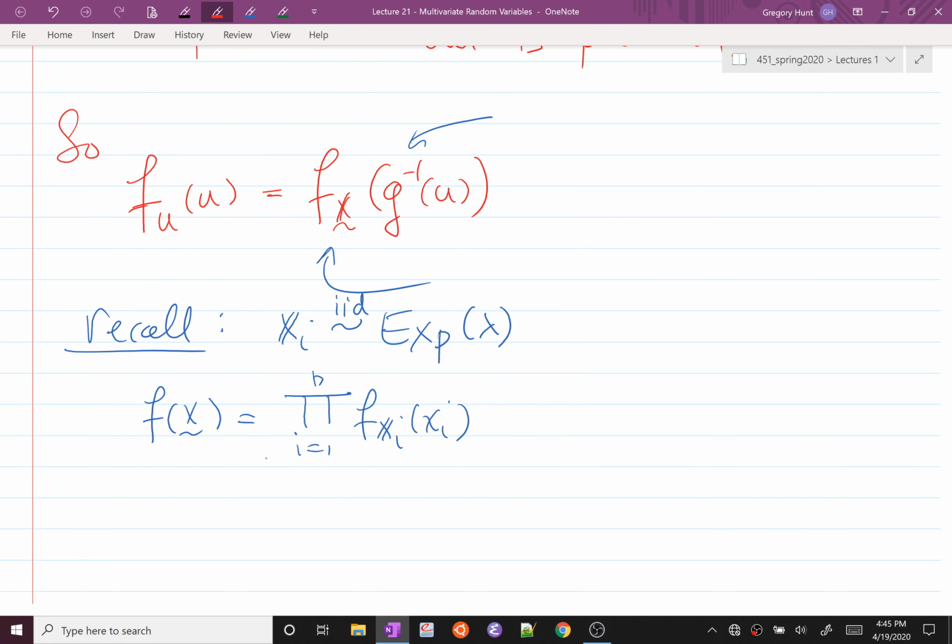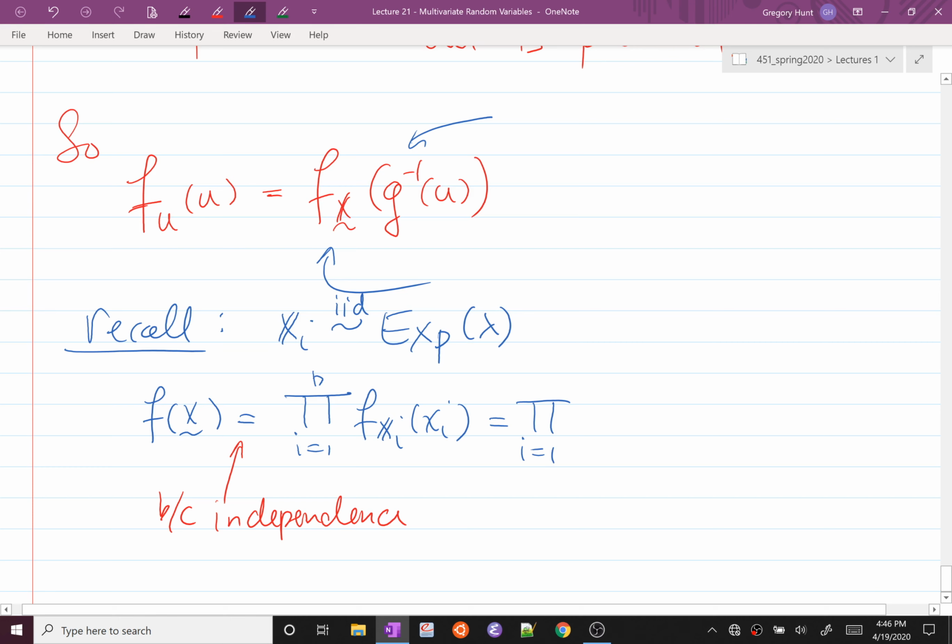So this equality here comes from the independence of the x sub i's. And not only are they independent, but they have the same distribution. And so the marginals are all the same. That's the IID in the part: independent, the first I, and identically distributed, the second part. So they all have the same marginal.